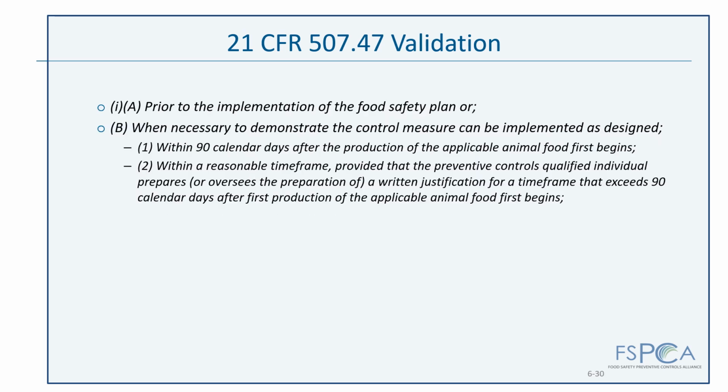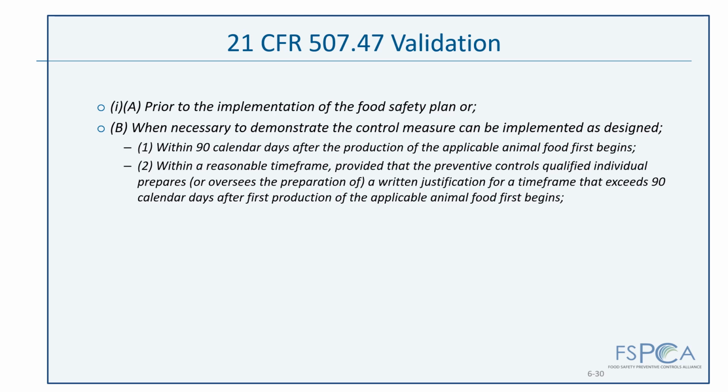Since validation is directly related to the design of your food safety plan, the regulation asks that ideally validation happens before you implement any part of your food safety plan. However, there is a part B here that gives you a little bit of leeway.